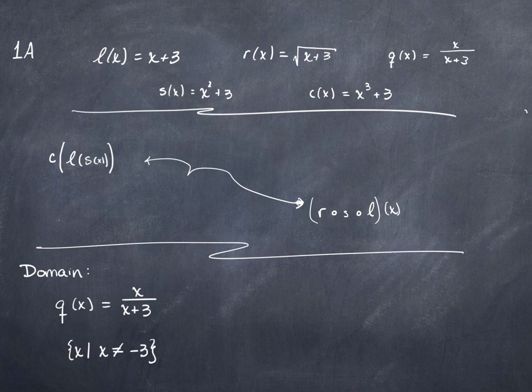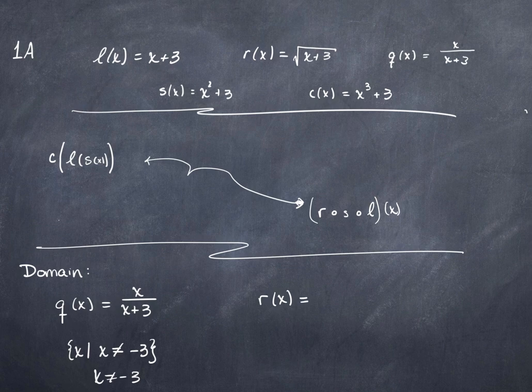Now that's a fancy way of writing it. You could also just say x can't equal negative 3. That's kind of the shorthand. Either of those is fine for me for this class for now, but it's important that you know what that means.